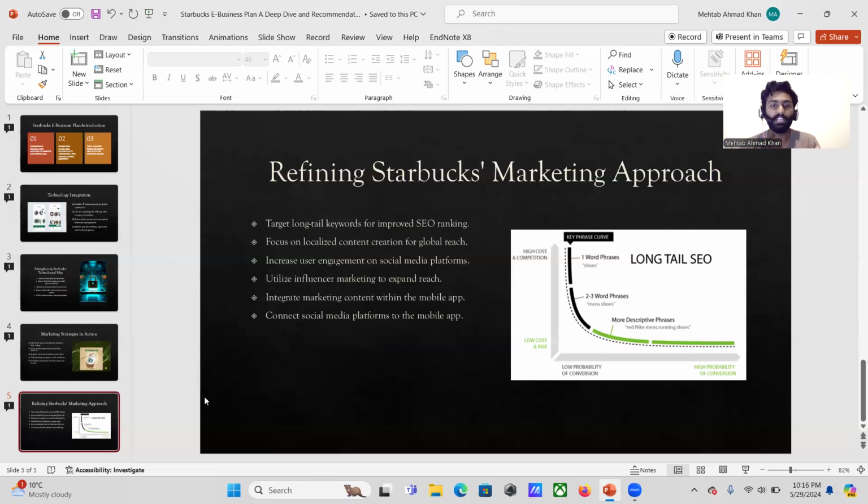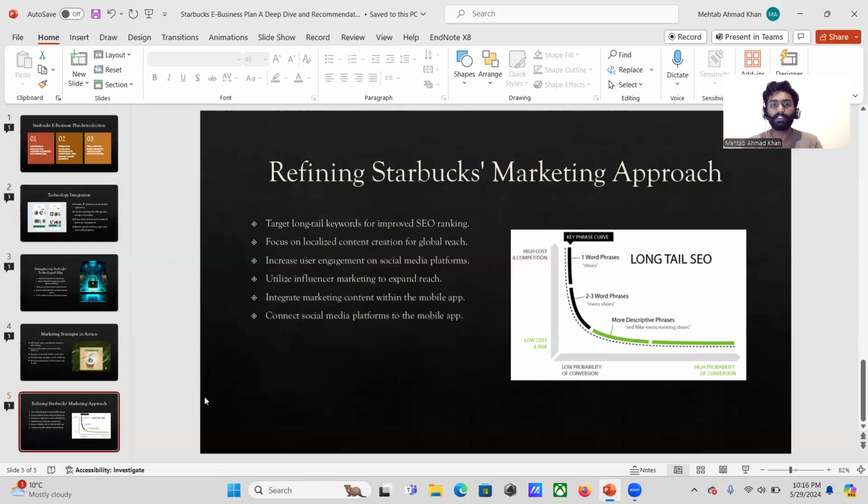And they should integrate marketing content within the mobile app, connecting the media platforms to the app to place more content.